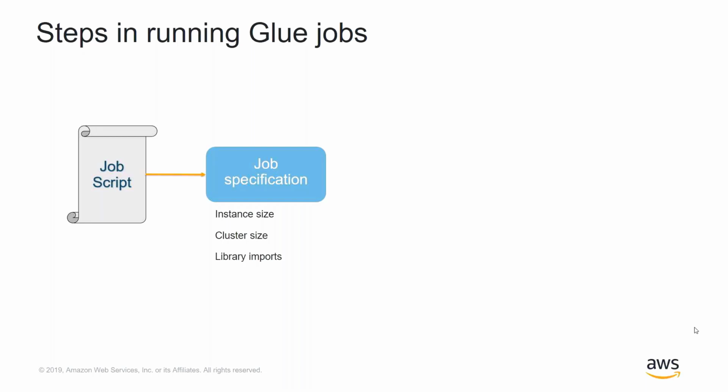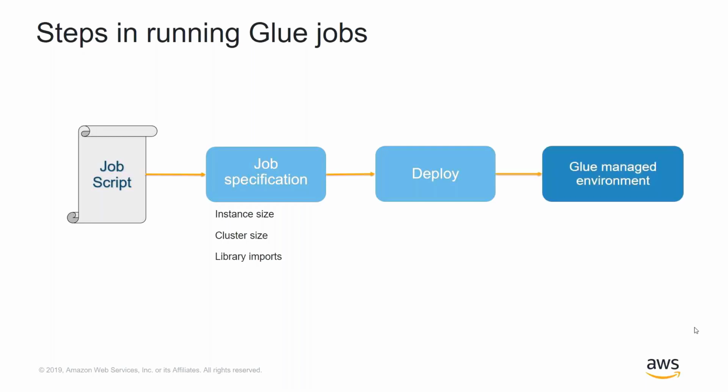So you package up your job specification, then your job script, and you deploy it. And once you do that, Glue will take the job script and the job specification, and it will run it for you. So this is the general feel for how things go when you're running jobs in Glue.